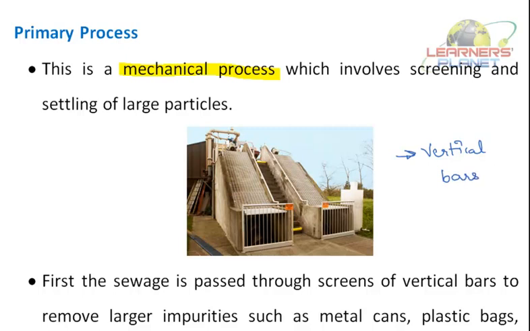Primary or mechanical treatment is designed to remove gross, suspended and floating solids from raw sewage, and it includes screening to trap these solid objects and sedimentation by gravity to remove suspended solids.